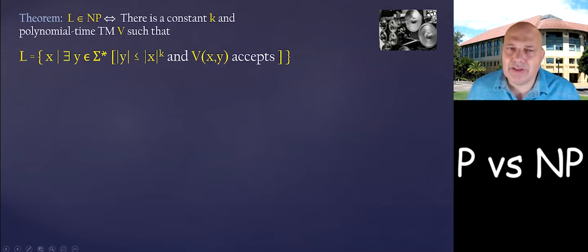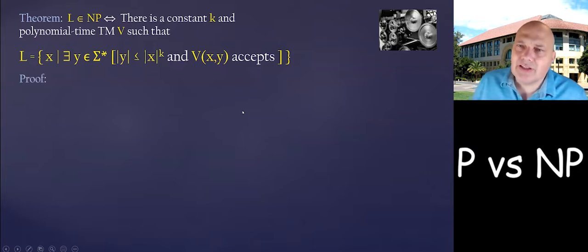It equals all the x's such that there exists some string y, with this string y being not too long, at most the size of x to the k, and this verifier on input x and y accepts.